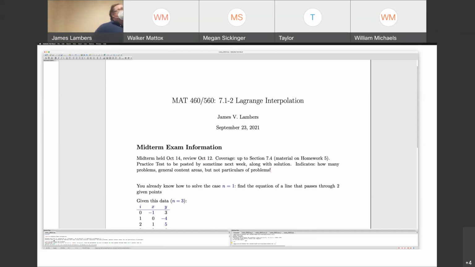So please keep that in mind. There are substantive changes from the practice to the real, but the practice is meant to protect you against surprises. I never want a student to come out of a test thinking, wow, that was nothing like what they could have expected. So this should take care of that.